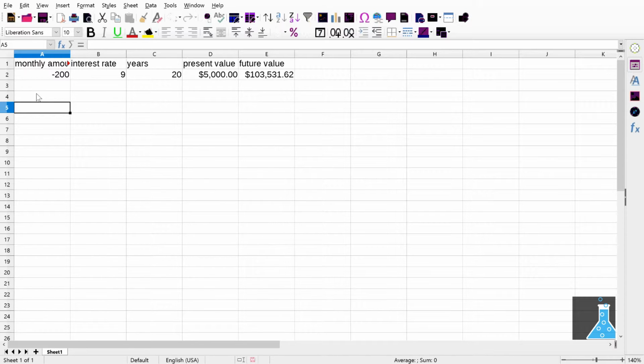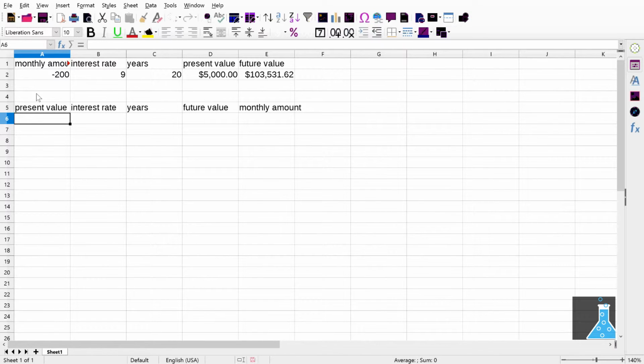Okay, and so we'll start off with the present value, and then we'll have an interest rate, and then we'll do the number of years, and then we'll type in the future value, and then we want to calculate the monthly amount that we need to contribute.